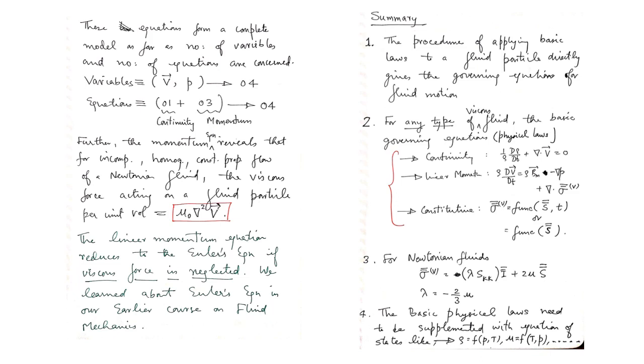Mainly blood is more important because there's a lot of circulatory flows going on inside the human body, with heart as a pump involved. So blood not always behaves as a Newtonian fluid, so that's why this idea is important.